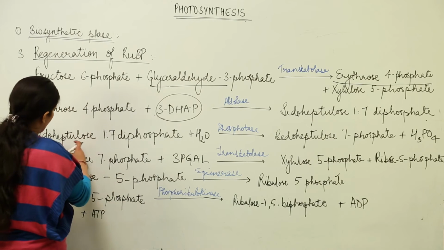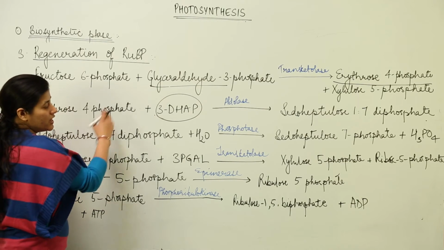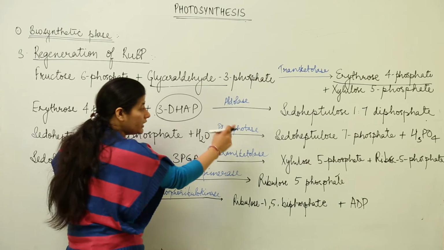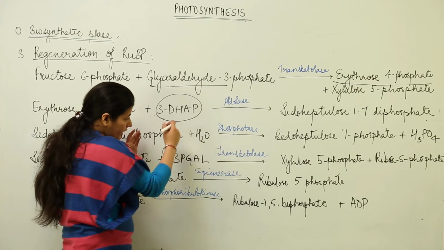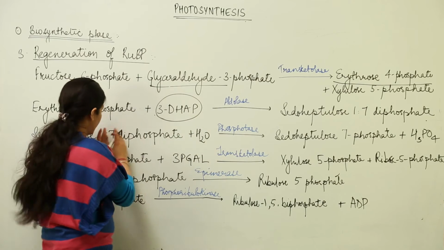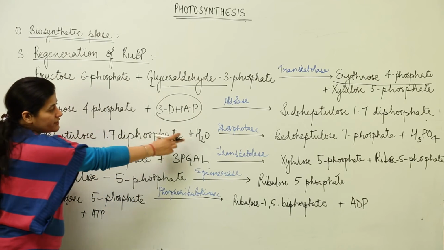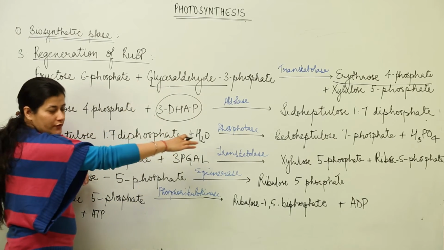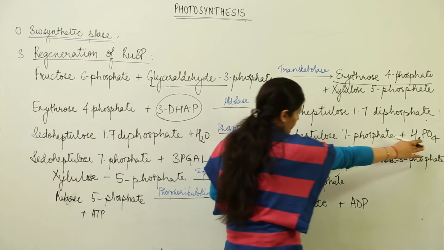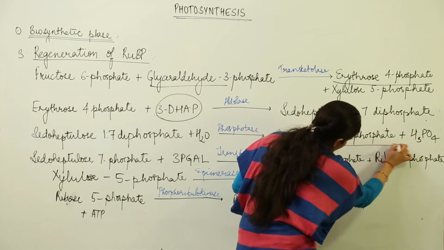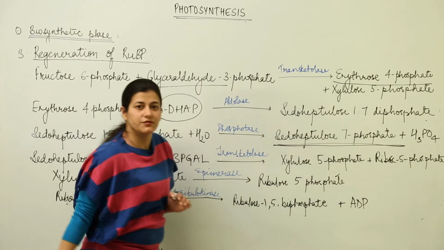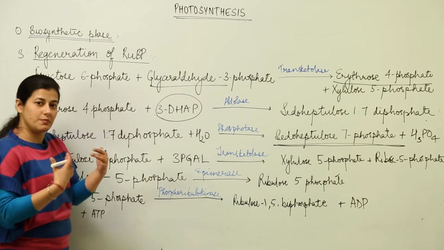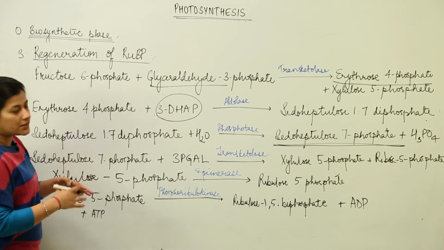Next, pseudoheptulose combines with water in the presence of phosphatase and gets rid of one of the phosphates which was present at the 1 and 7 position. It combines with water, there is phosphate removal and we have phosphoric acid. This is formed: pseudoheptulose 7-phosphate. Please remember the reactions, memorize them, don't get into details.